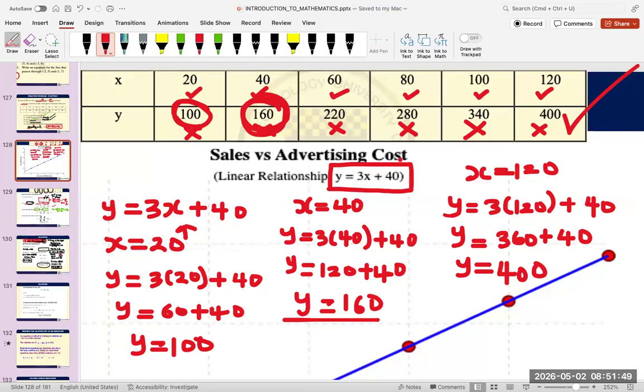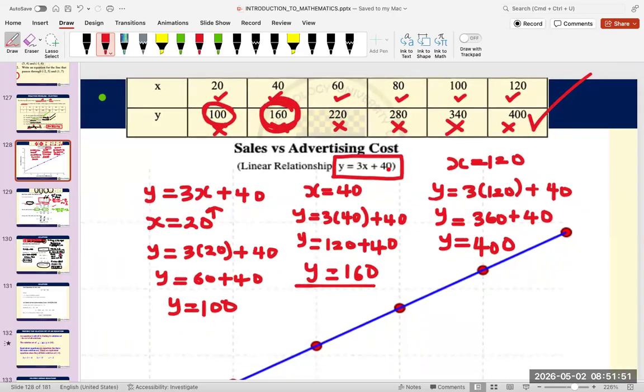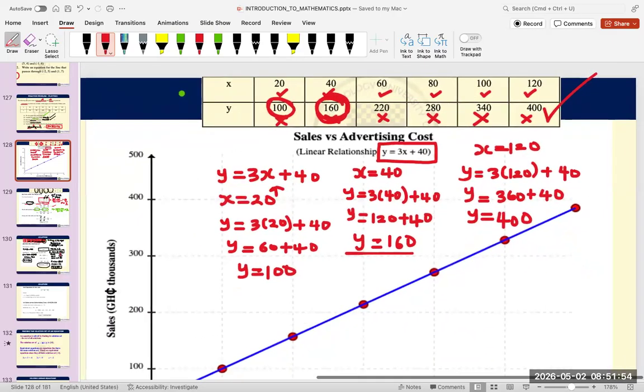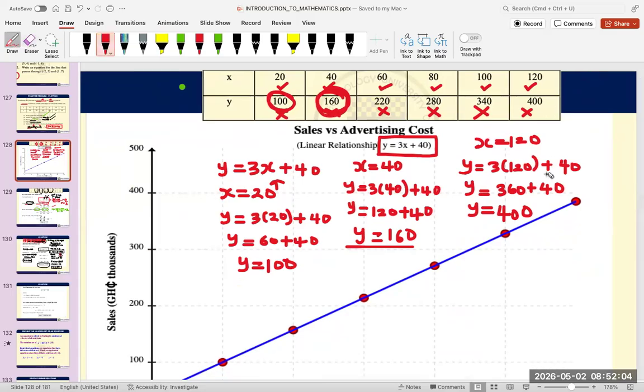So in essence, we use the equation of a line to develop business models like you are seeing here. So now we are not afraid. If somebody asks you, this is your model, what if we increase x to 400? What will be y? You just use your model. y equals 3x plus 40.